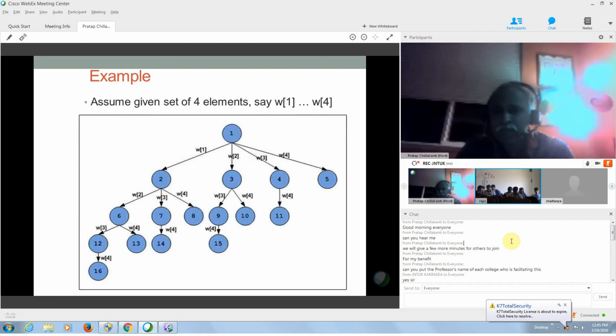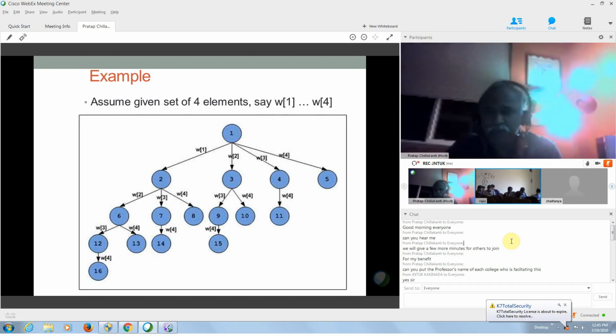So a general thing here that this slide shows is if you have 4 elements, when you're drawing a tree, you will have 16 nodes, right? 2 raised to 4, correct? 16 combinations basically. So you can see all the 16 nodes there, how it has been done.